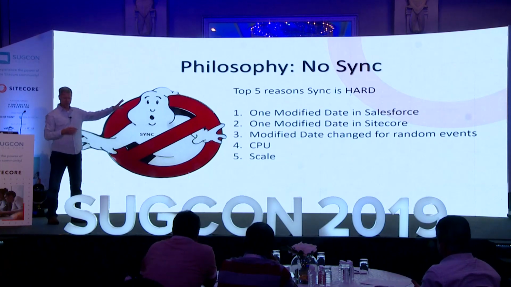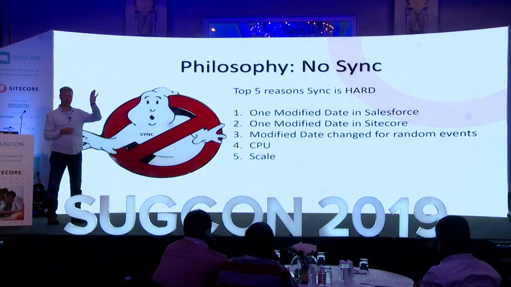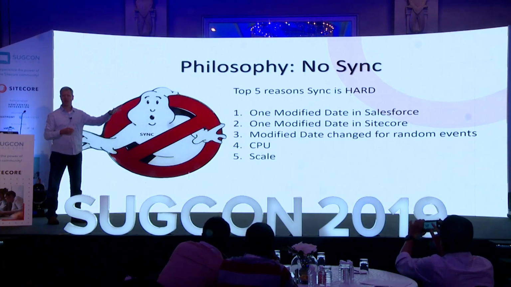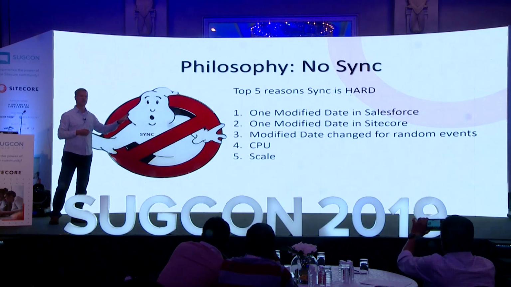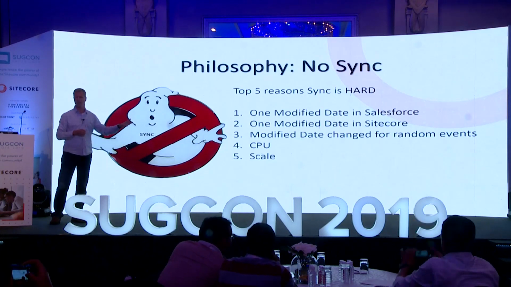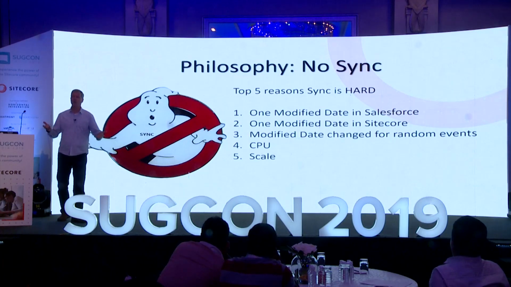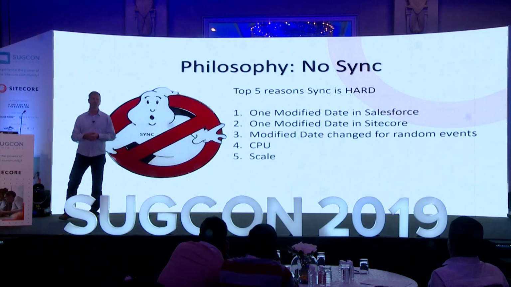I was showing you in SFDC Explorer an object, the account object. It has 64 fields, okay? The contact object also has 64 fields. How do you sync 64 fields when you have one modified date? That's the problem that I pose to you, okay? Nobody has yet explained to me how that works, okay?